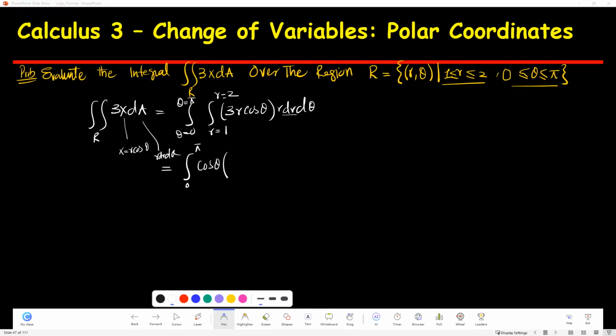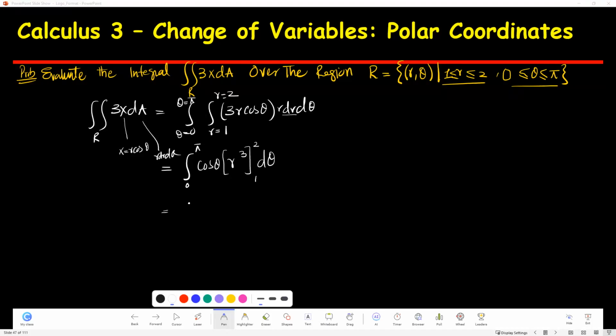And r square, right? r square, so it's going to be r cube. And let me just change the parentheses so we can write it like this. 2, 1, d theta.